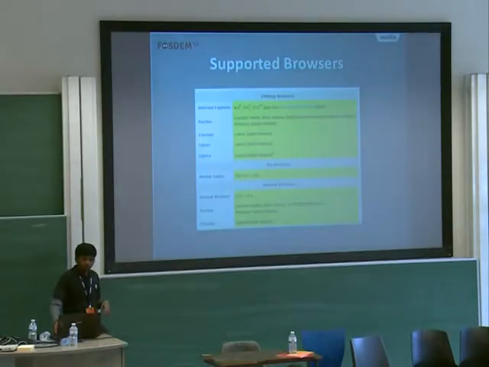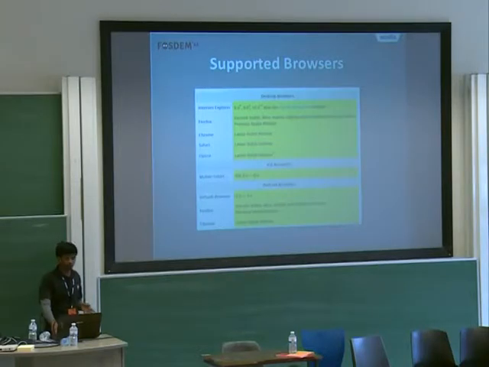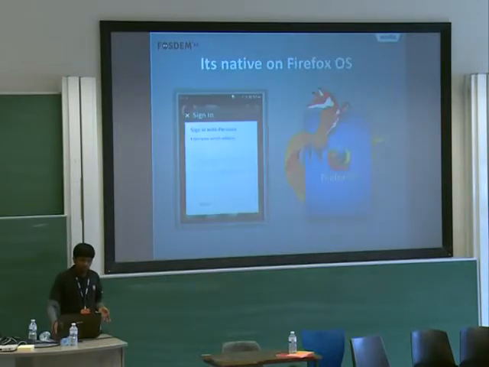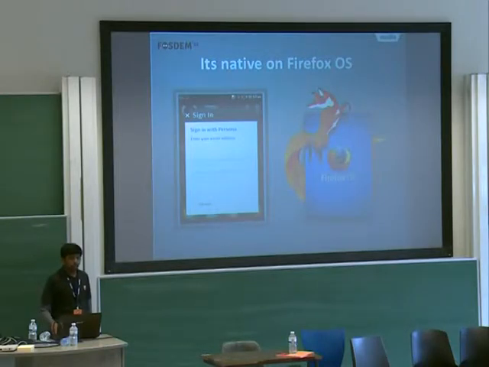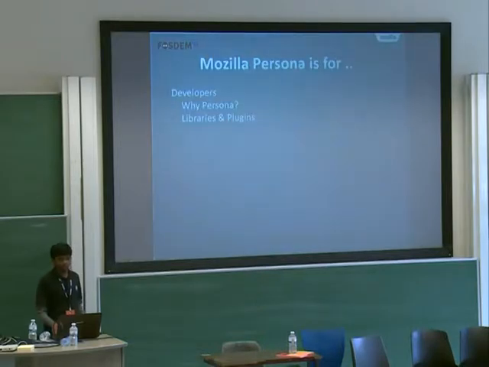The supported browsers are almost every version of Firefox, and the remaining ones. And as everyone knows, Mozilla has introduced Firefox OS, and in that we natively support this Persona sign-in.